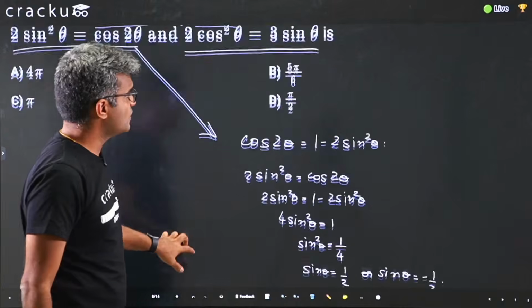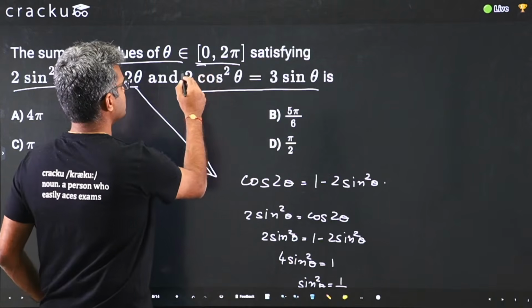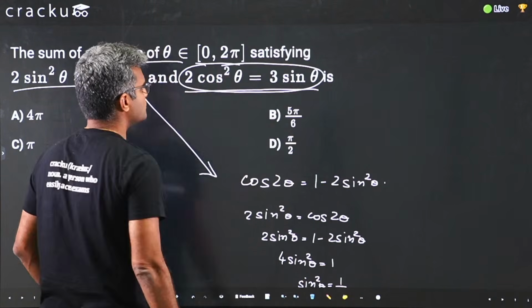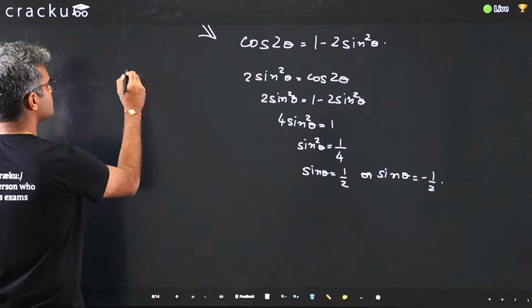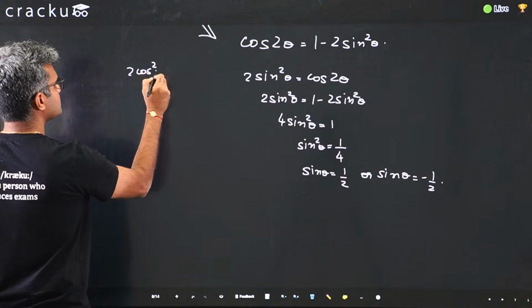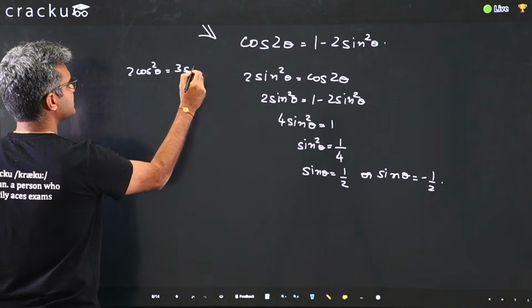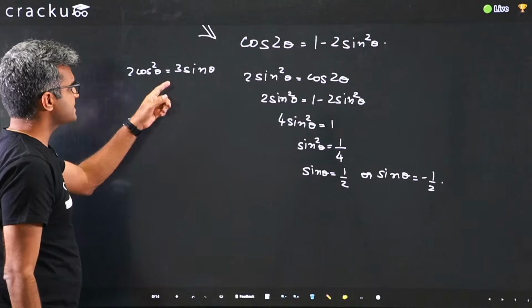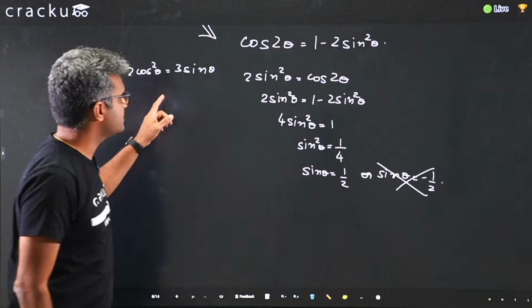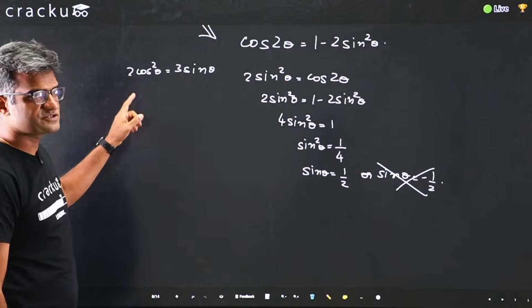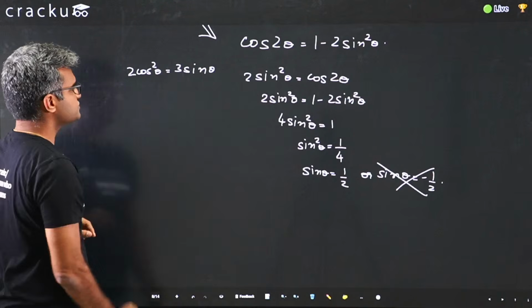In addition to it, we also need to consider that 2 cos square theta is equal to 3 sin theta. Now, in this case sin theta cannot be equal to minus 1 by 2, because cos square theta cannot be negative. Cos square theta is a perfect square. 2 cos square theta also has to be positive.